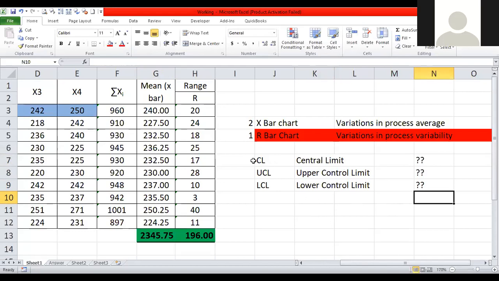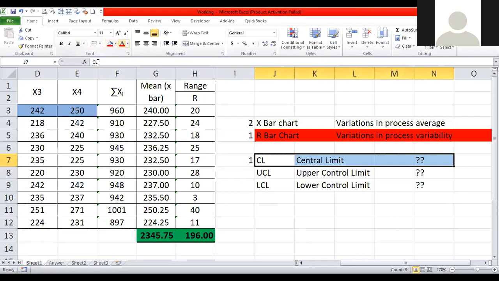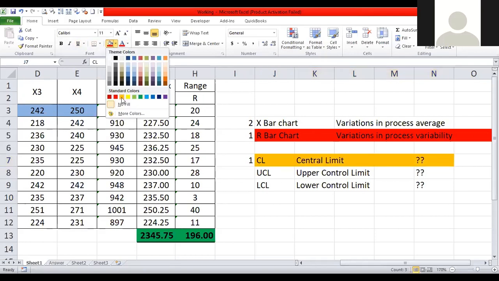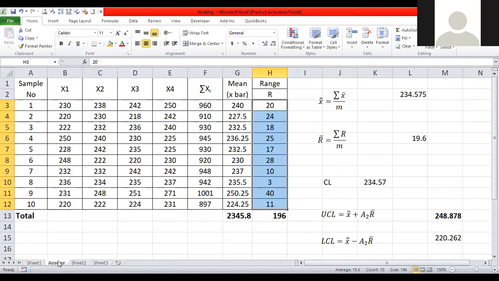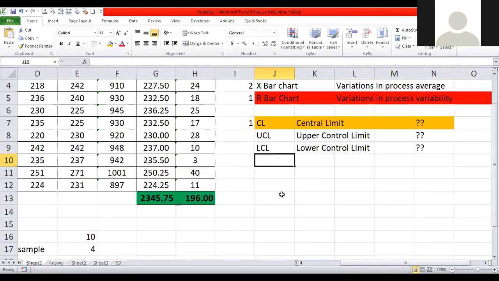So first we will calculate the central limit, right? So how to calculate central limit? There is a formula. So R bar chart, you can put the heading R bar chart.